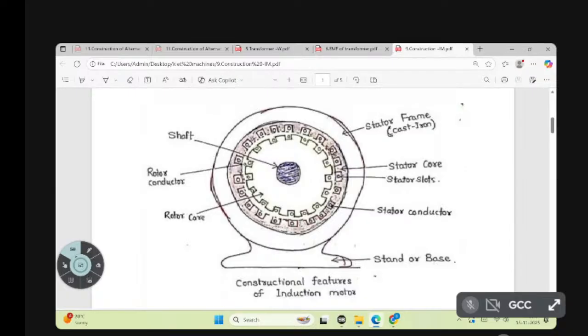Here see, there is no slip rings, there is no brushes, only slots are available, like our teeth. Okay, rotor is having rotor slots, stator is having stator slots. Stator winding is in the slots, we keep the winding, that is called three-phase winding. Primary winding. Rotor is having winding, it is called secondary winding, it is also three-phase winding. So primary winding and secondary winding.